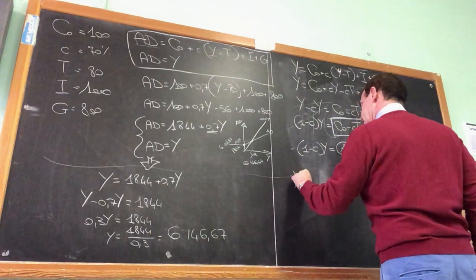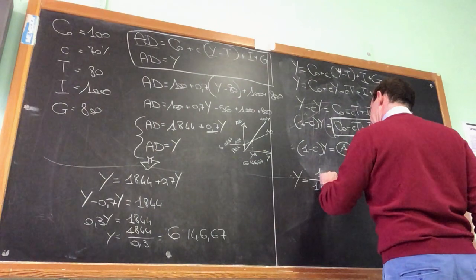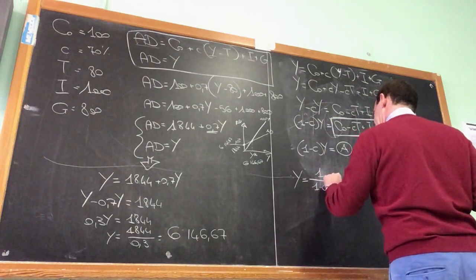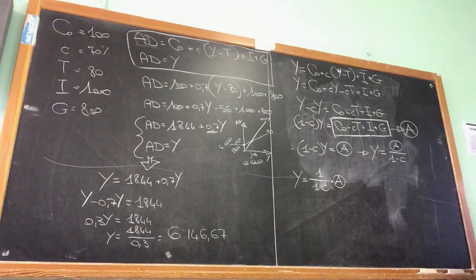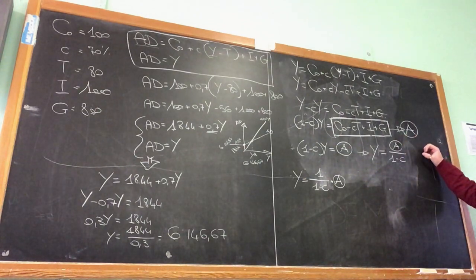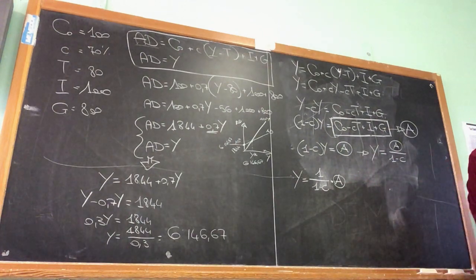But we can write it also as, okay, we can just take out the A. We take the A out of the fraction and we get 1 divided by 1 minus C. Okay?